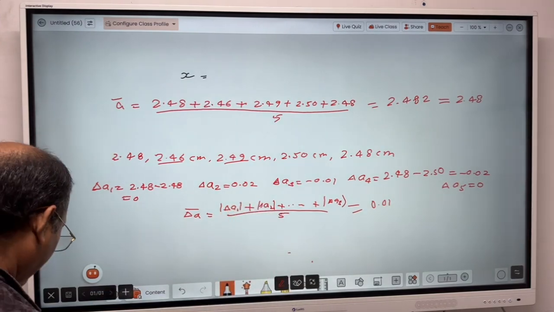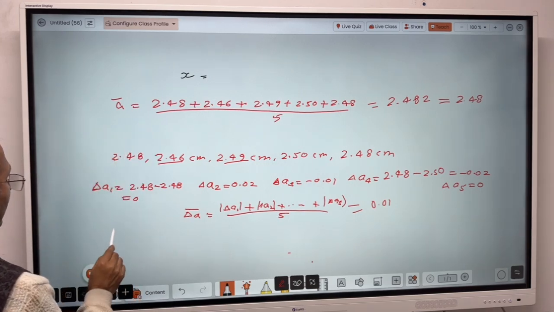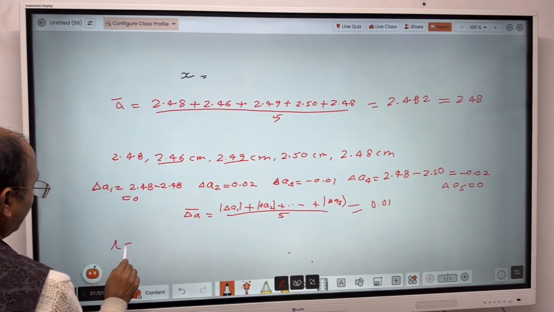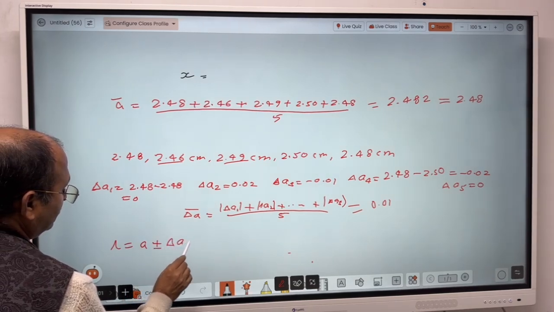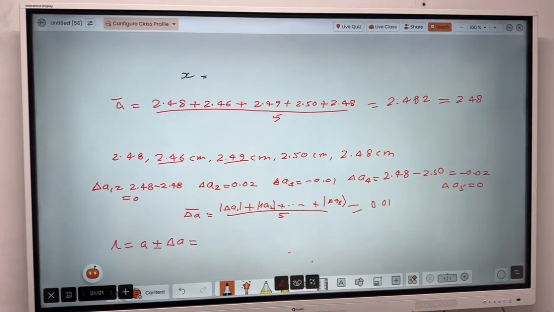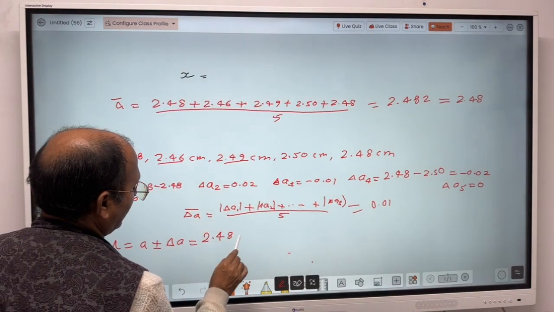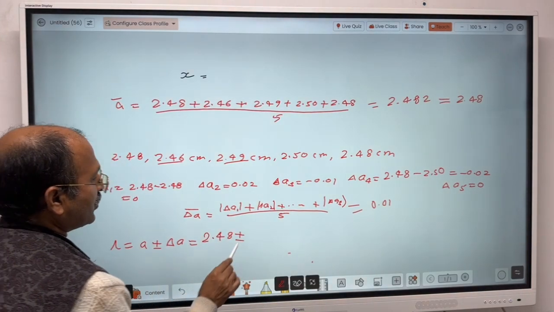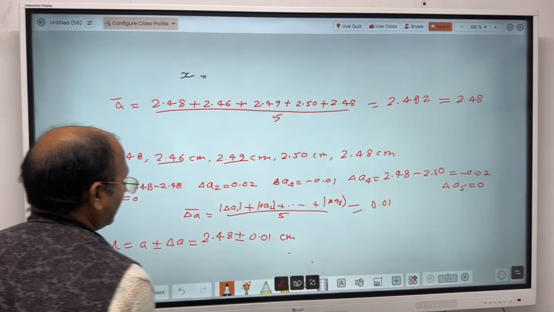So if you have to write the correct length, because the length was measured like this, L will be equal to A bar plus minus delta A bar. A you have got, that is 2.48, and then plus minus 0.01 centimeter.